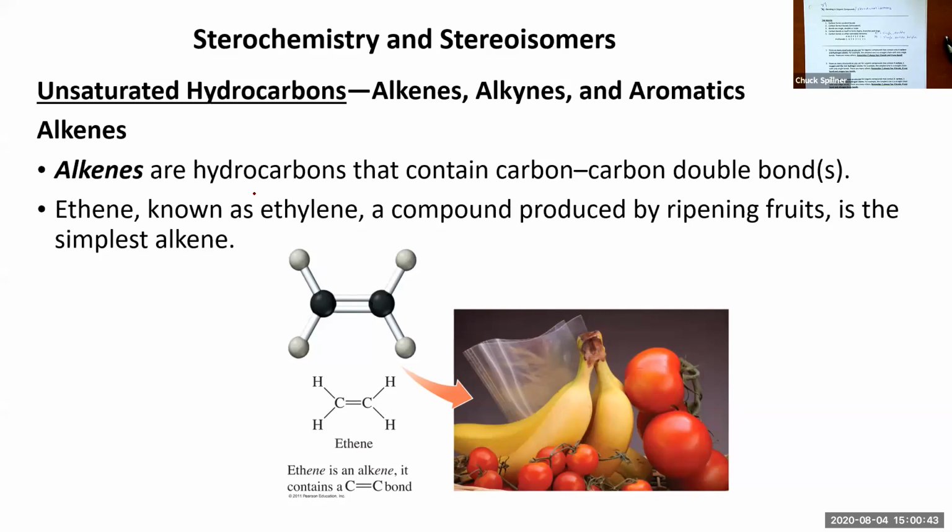We're going to talk about geometric isomers, and those are called stereoisomers. There are 2 kinds of stereoisomers. So we're going to talk about stereochemistry and stereoisomers, and the stereoisomers are geometric, which are cis and trans, or optical isomers.